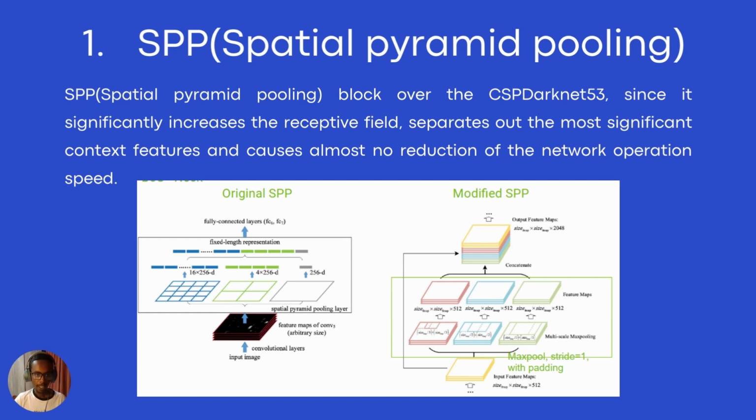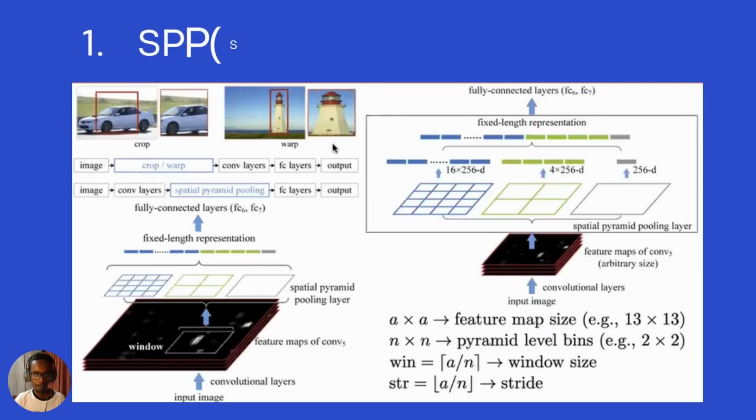So this can be done for any kind of classification or object detection task if we want to use different input sizes, since it significantly increases the receptive field and separates out the most significant context features and causes almost no reduction of the network operation speed.